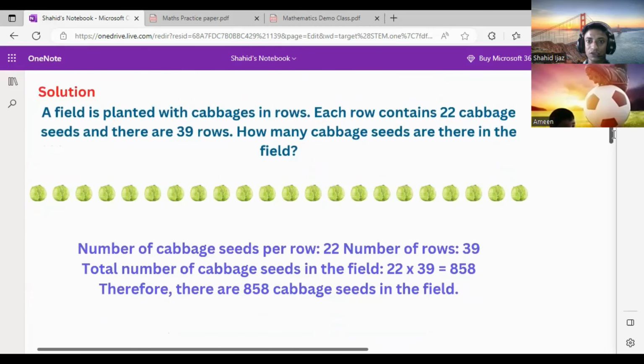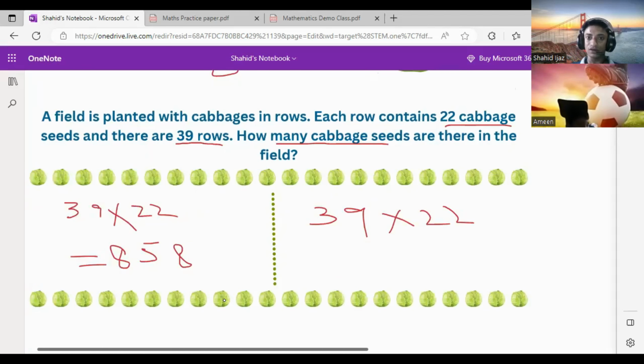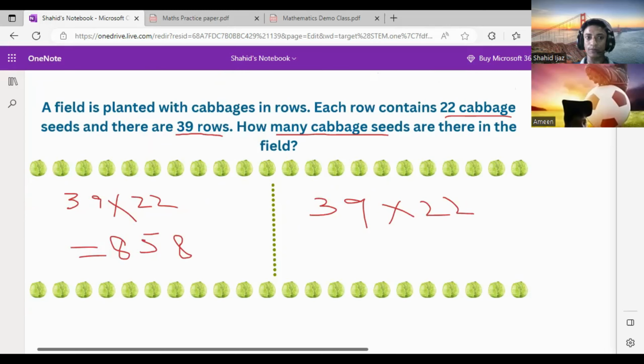Look at the solution. You solved it rightly. 858. But we should write it. We will not solve it directly by multiplying as we did here. This is a trick, but we should explain it with statements because it is a statement problem.